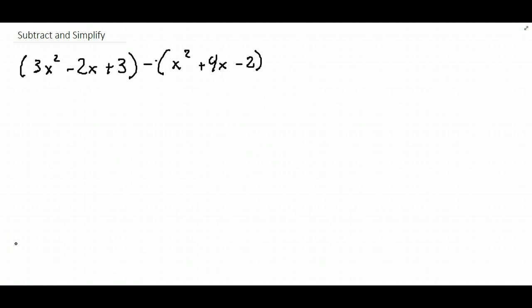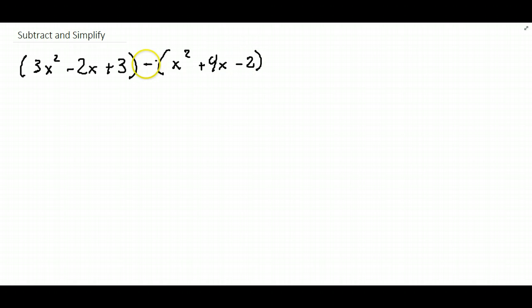Now we're going to subtract and simplify a couple of polynomials. So what we have is open paren 3x squared minus 2x plus 3, close parentheses, minus open paren x squared plus 4x minus 2, close paren. So the first step we need to do is look at this minus sign.